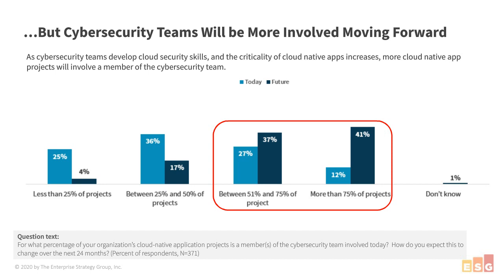But that increases dramatically over the next 24 months. Love to see that. So 41% say that, yep, moving forward, next 24 months, more than 75% of our projects are to include a member of the cyber team. So absolutely heading in the right direction.